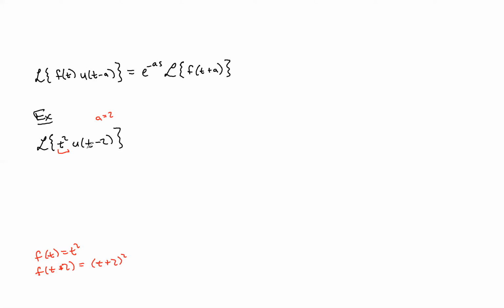So then to do this Laplace transform, the answer, according to this formula, is going to be e to the negative as, so it's e to the negative 2s, times the Laplace transform of f of t plus 2, which is t plus 2 squared in this case.